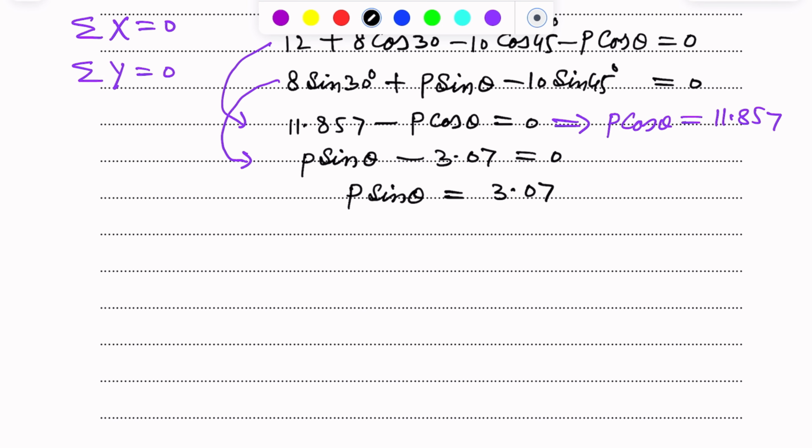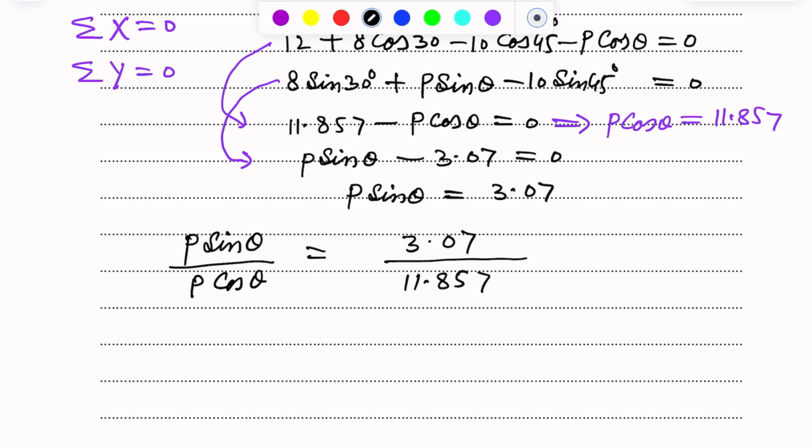Dividing, we get P sin theta over P cos theta is equal to 3.07 over 11.857.